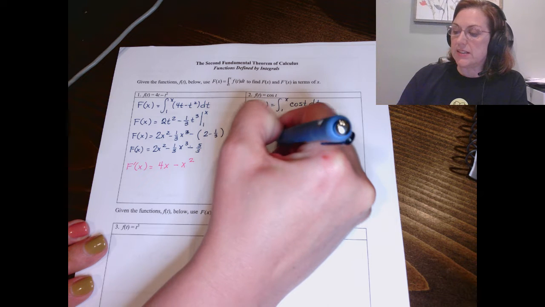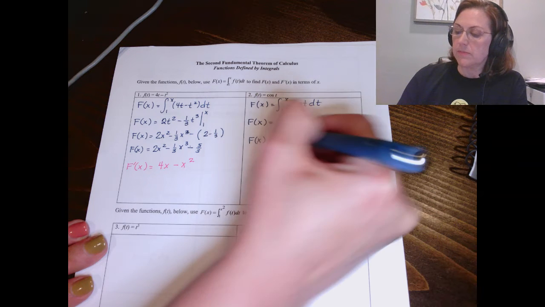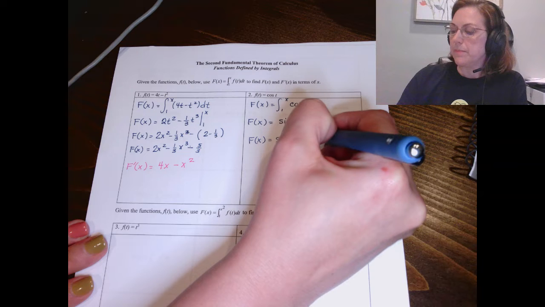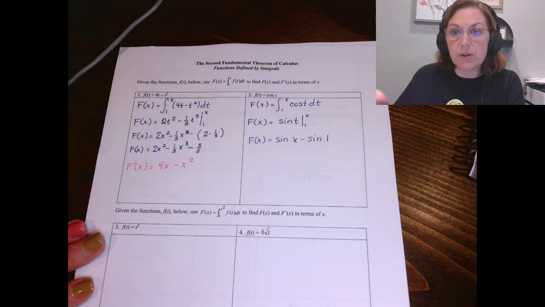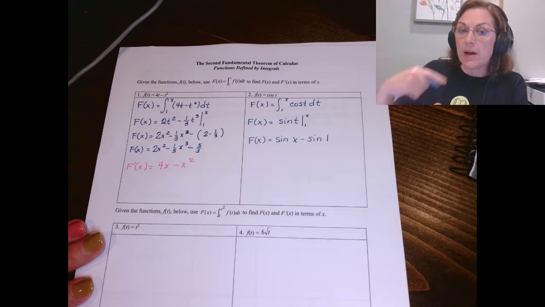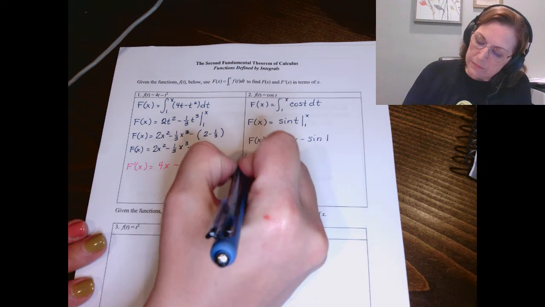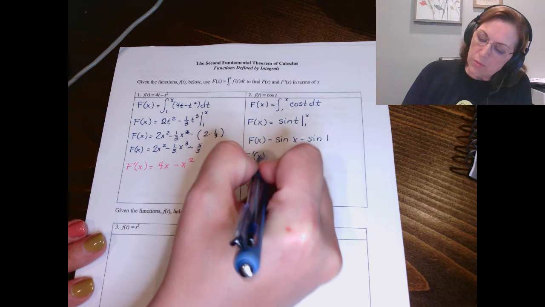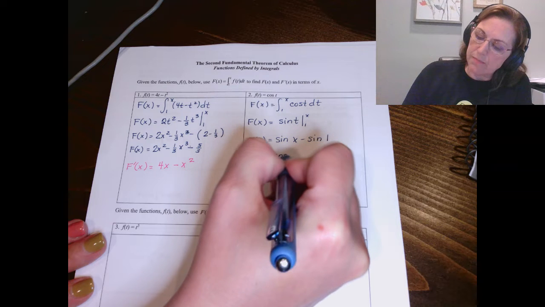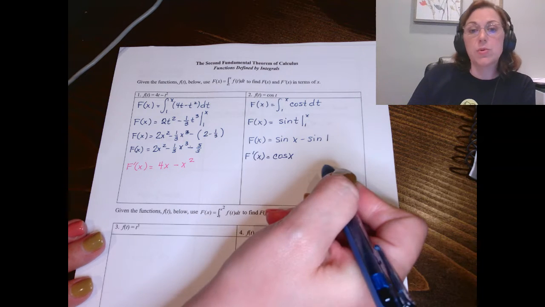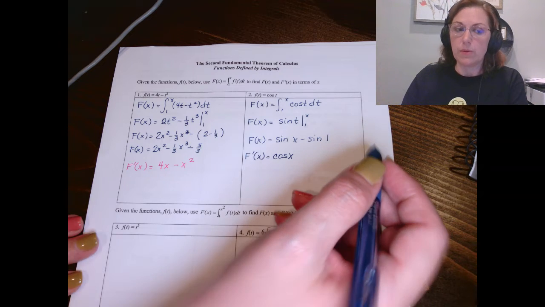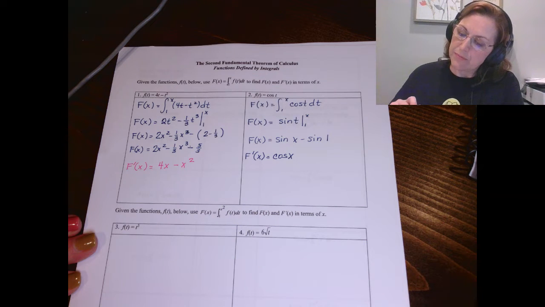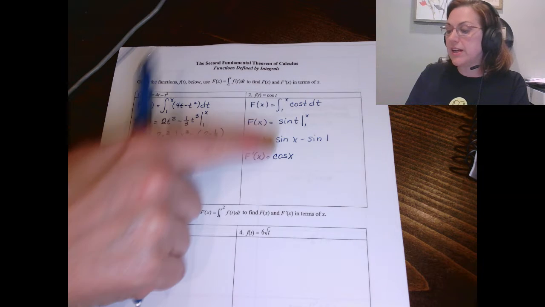So we get sine of x minus sine of 1, which we could put in a calculator and get a value. Now, take the derivative. The derivative of sine is cosine, and the derivative of sine of 1, because it's a number, is 0. Interesting. Again, notice the connection here.